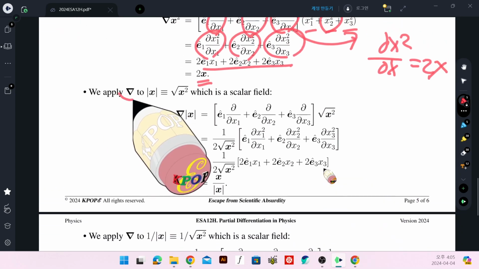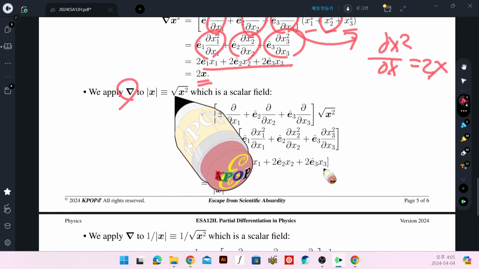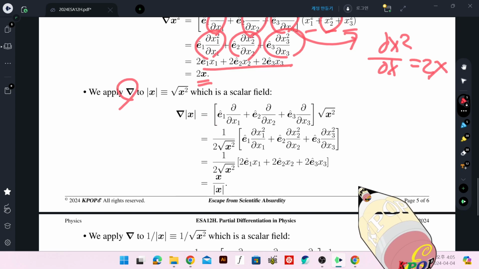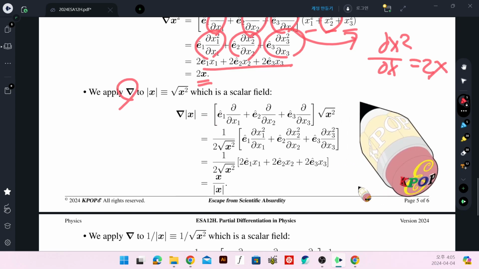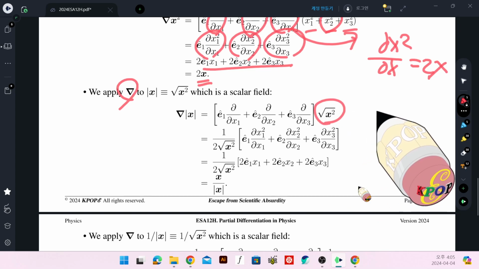Next, we apply this gradient operator to the magnitude of the position vector, and the magnitude is the square root of the scalar product of itself, so the square root of x squared. Now, this is a complicated function.